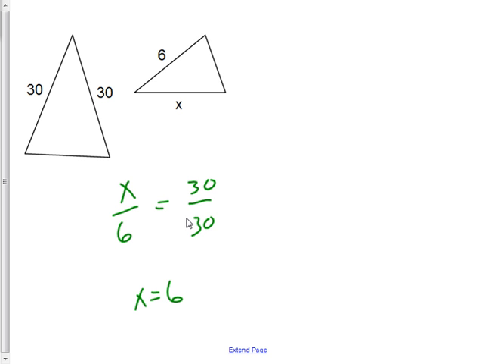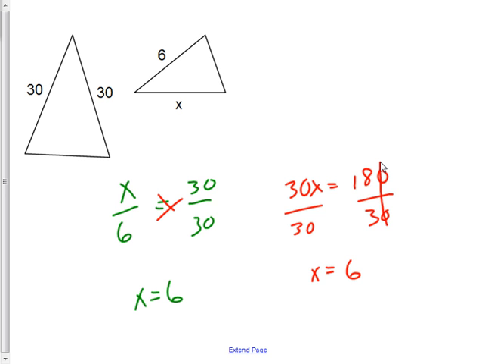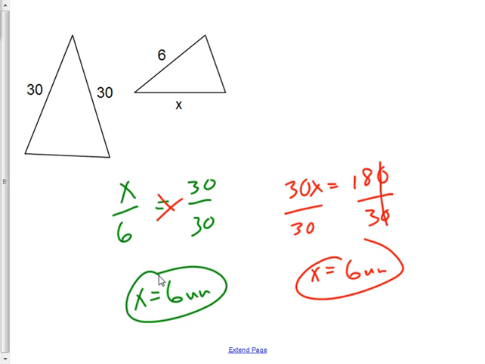But if you want to, we can cross multiply, and we get 30x is equal to 180. Divide both sides by 30, and we would get x is equal to 6. Okay, because we cross the zeros off, and 18 divided by 3 is 6. So 6 units.